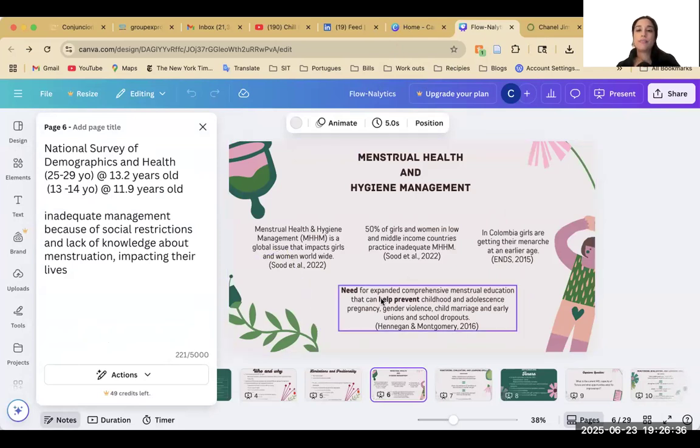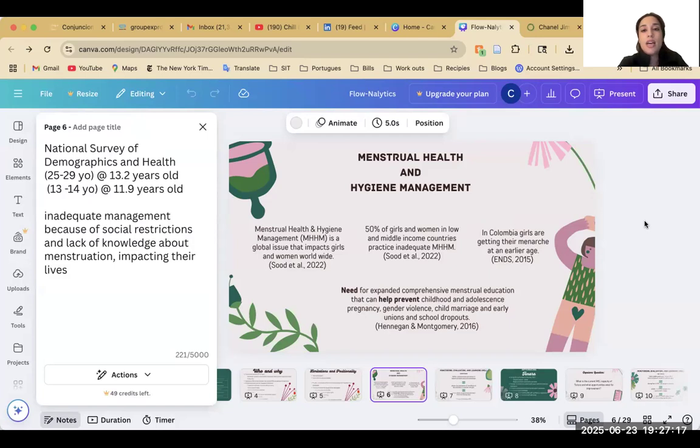Inadequate menstrual health and hygiene management means that menstruators cannot manage their menstruation in a correct way because of social restrictions, lack of knowledge, and other things. And so maybe they're not using enough products in a day. Maybe they don't have water. Maybe they are not allowed to go to school because of social taboos, etc. So that's what we mean by inadequate practice.